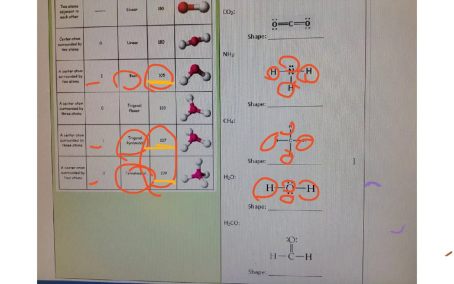Well, why does it do that? The whole reason is because of how much space a lone pair takes up compared to a bond. When you have a bond, such as between a carbon and a hydrogen, they are sharing those 2 electrons. So sometimes those electrons are on the carbon, sometimes they're on the hydrogen, they're moving back and forth.